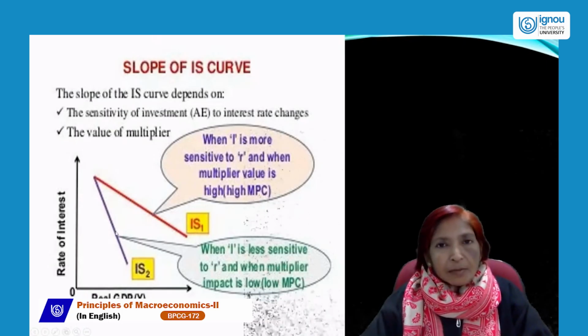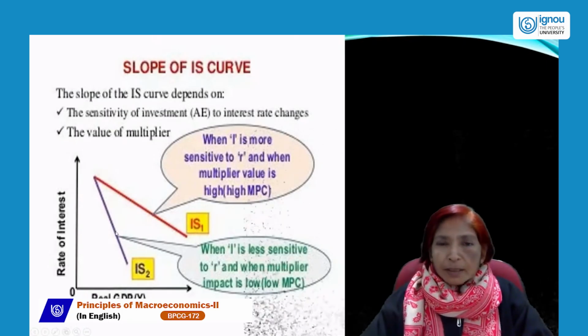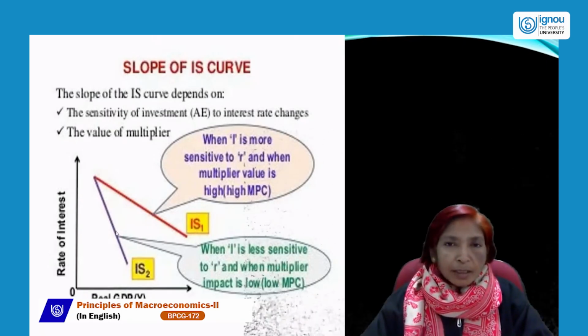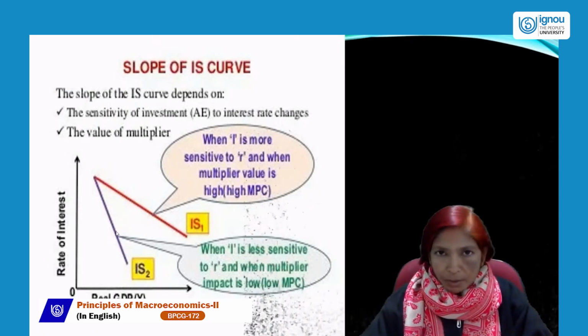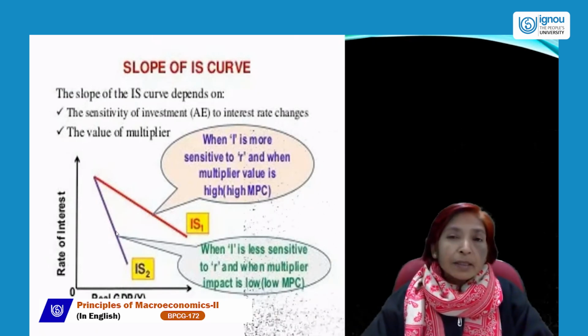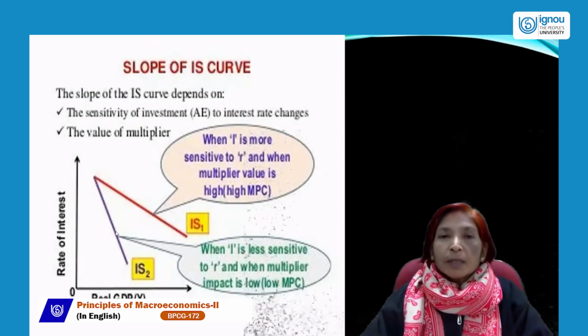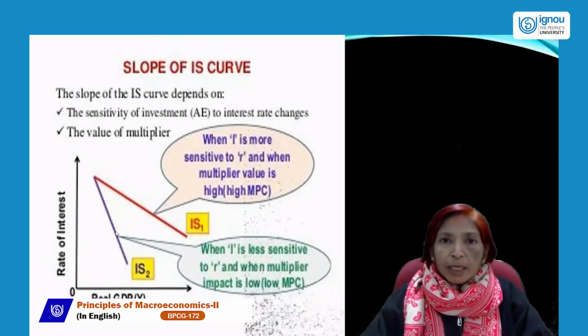And why is this curve steeper? The reason is that investment is less sensitive to the rate of interest. And the second reason is the size, or value, of the multiplier.